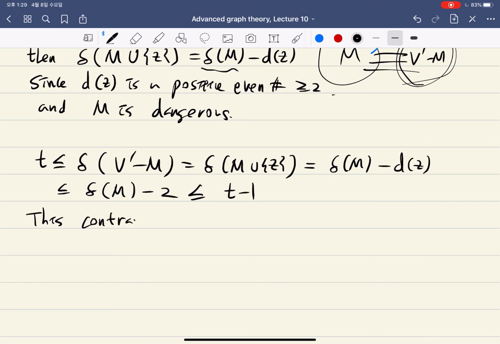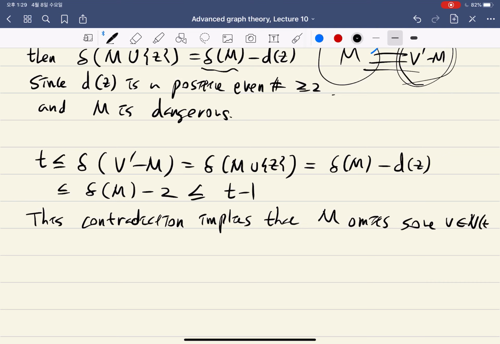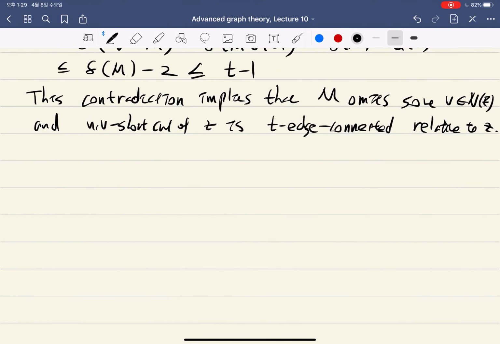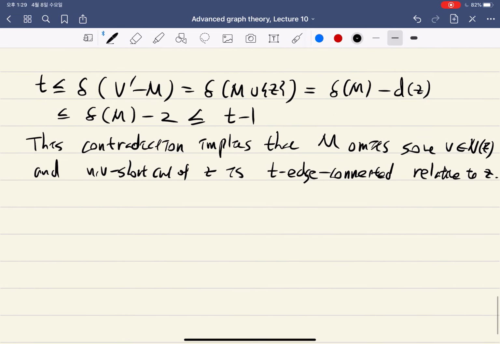So this contradiction implies that this M omits some neighbor of G, and UV shortcut of G is TH connected relative to G. So this proves the lemma.